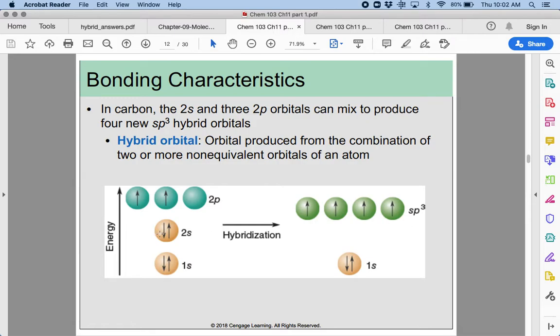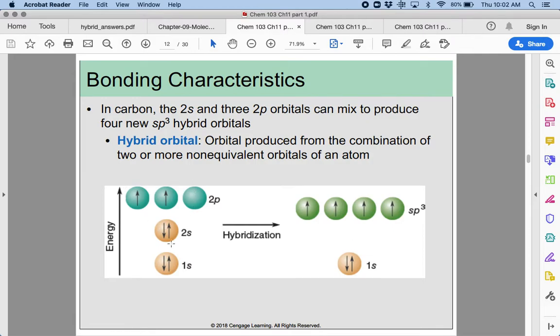And I'll go through this. I have 1 s orbital, and I have 1, 2, 3 p orbitals, for a total of 4 orbitals. These 4 orbitals are involved in the covalent bonding. We know carbon in CH4 is tetrahedral, right? It has 4 electronic groups around it, which means we're going to need 4 different orbitals or 4 different spots that bonds can occur.